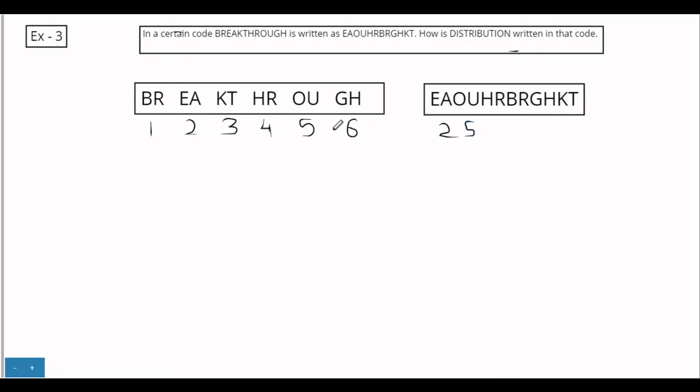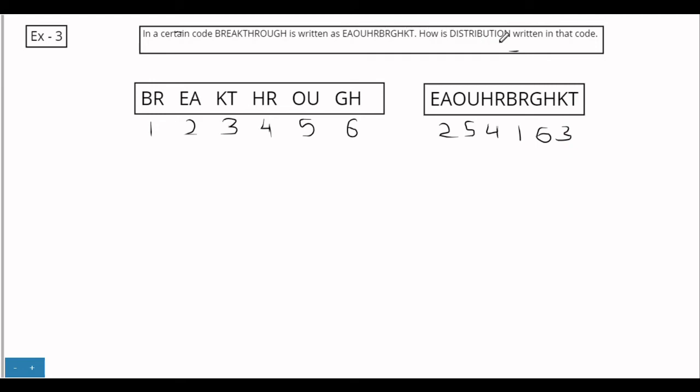Then there's HR, which is 4. Then BR, which is 1. Then GH, 6. And KT, 3. So this is our code for this.